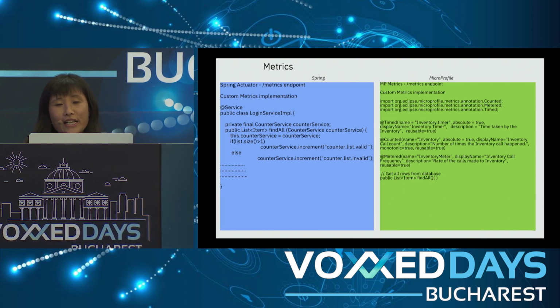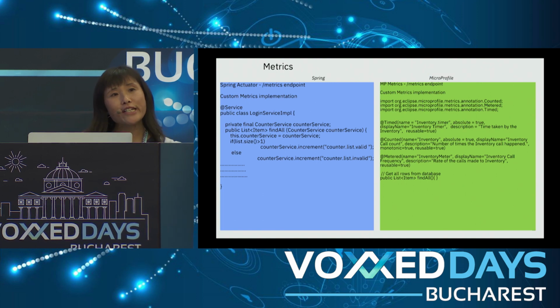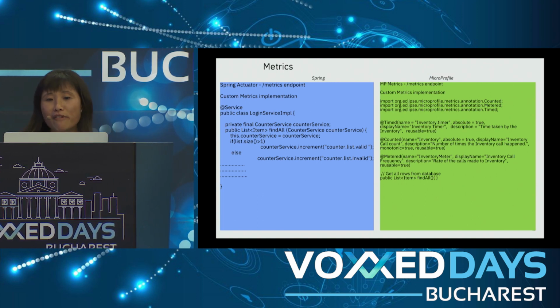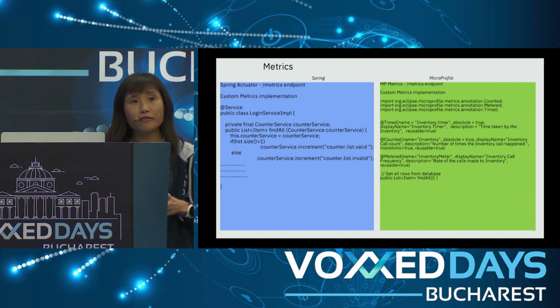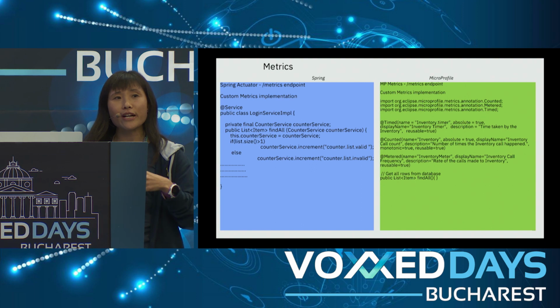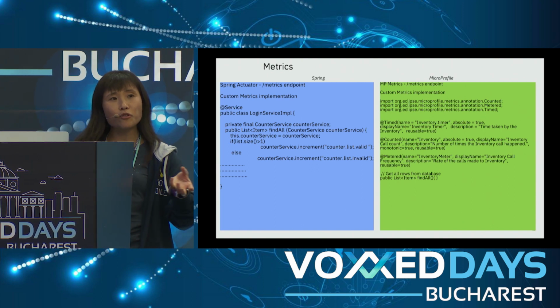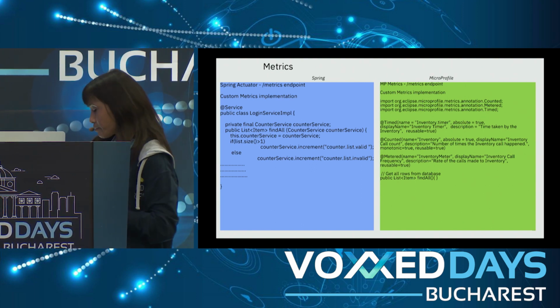Then you can gather more information about the response time for a particular operation, and how many times this operation has been invoked, for example. And then you can produce a graph. You can put this data in Grafana to produce a chart.